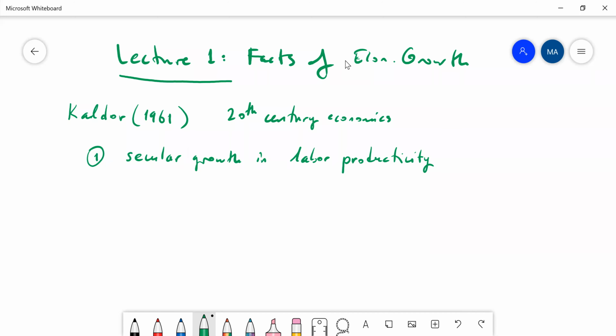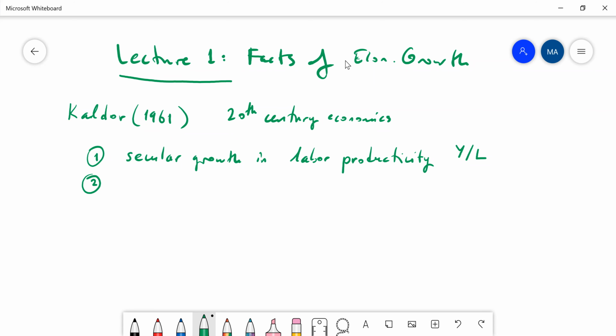Kaldor observes that many developed economies in the first half of the 20th century, of course there's a crisis there and the world wars, but in the long run we see this growth path for labor productivity. So that's one of the stylized facts due to Kaldor.